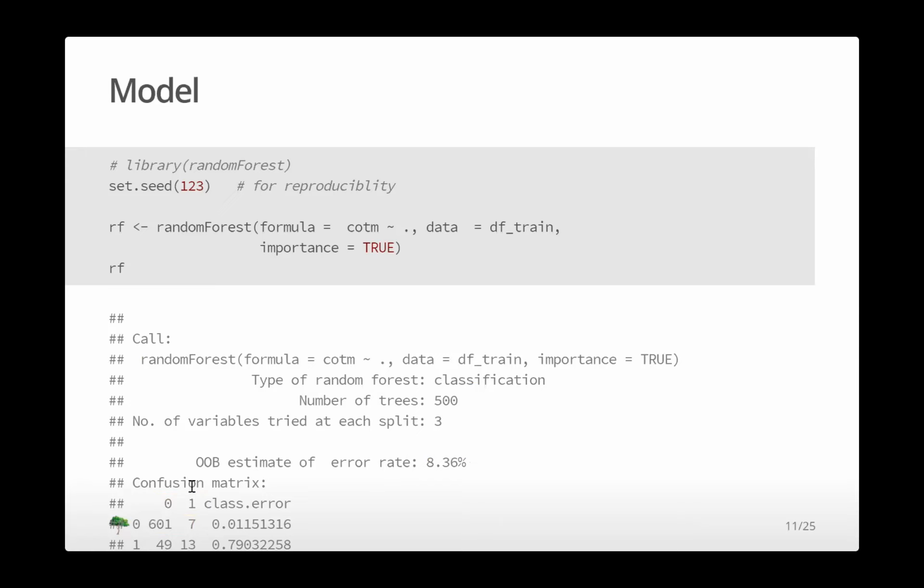We can see that our model has predicted 601 non-cases correctly, and only 13, unfortunately, of the cases correctly. So, bit of a problem, but let's say for now we're optimistic with our 8.36% error rate.